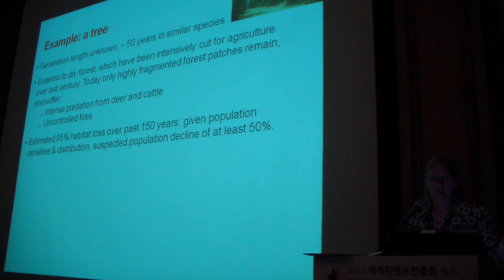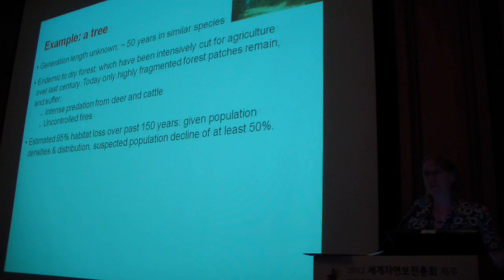Based on all of the evidence, the assessors have estimated a 95% habitat loss over the past 150 years, so that's at least 3 generations, given population densities and distribution, and a suspected population decline of at least 50%.